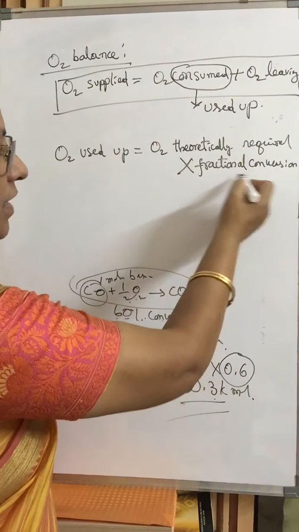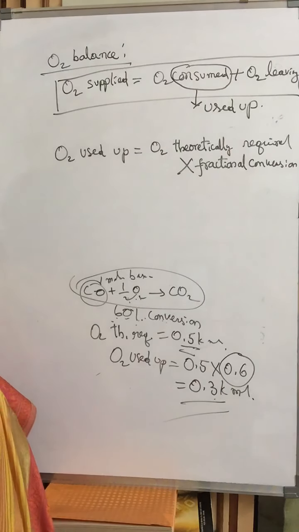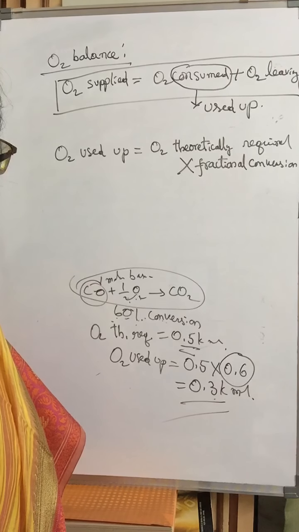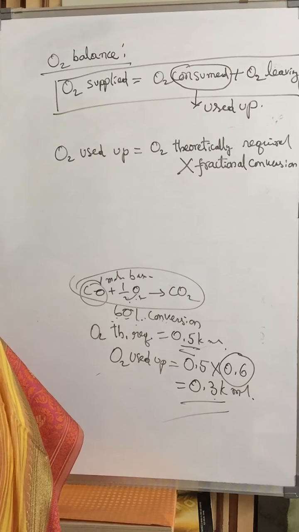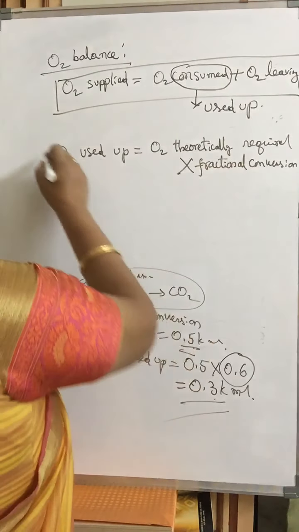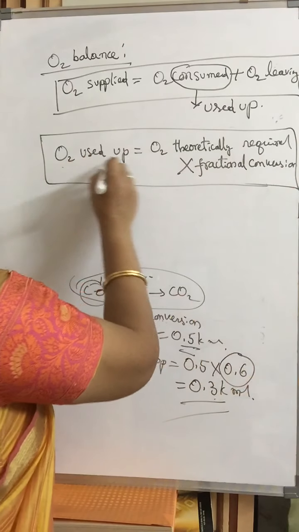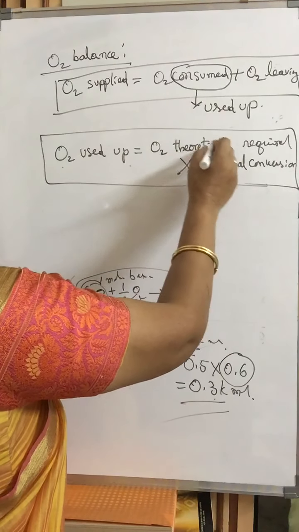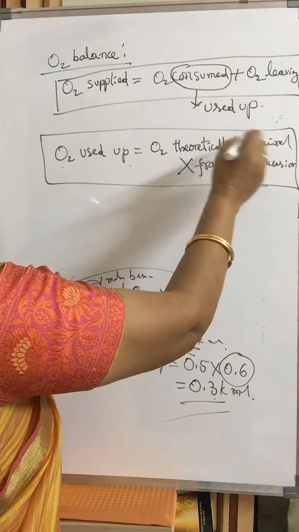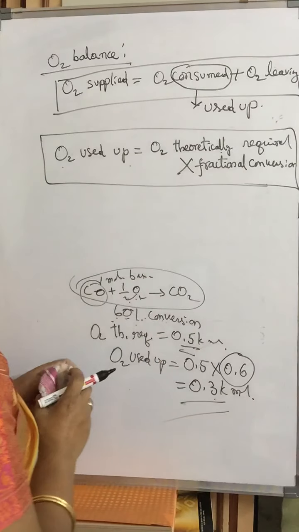Fractional or percentage conversion will be mentioned in the problem. If percentage conversion is not mentioned in material balance problems, then you can assume 100% conversion. So this is another important equation: oxygen used up is equal to oxygen theoretically required, that means required according to the stoichiometric equation, into fractional conversion.